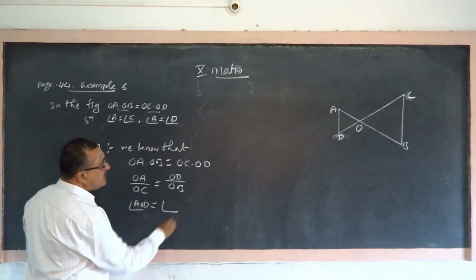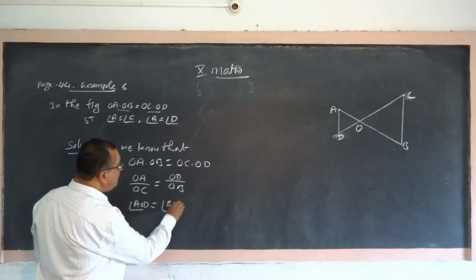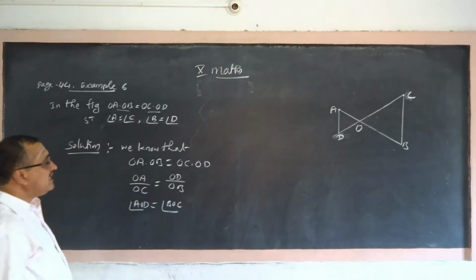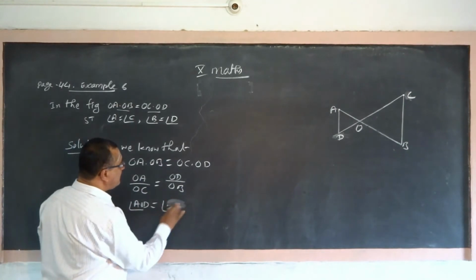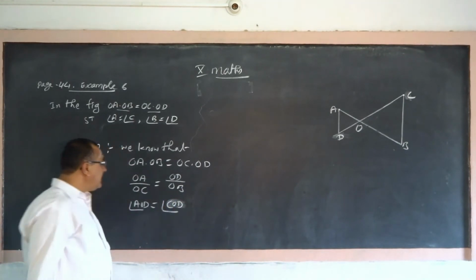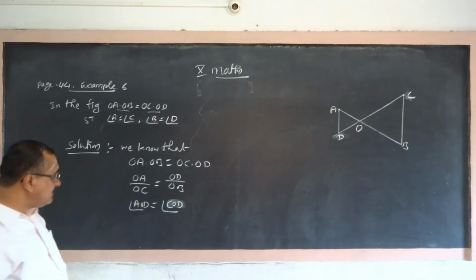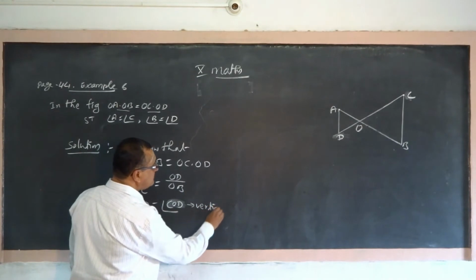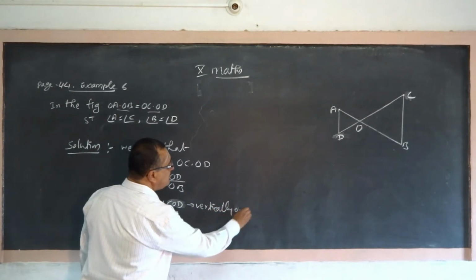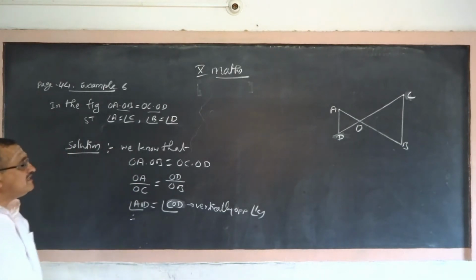Angle AOD is equal to angle BOC or COD; COD is better. Angle AOD is equal to angle COD, vertically opposite angles.